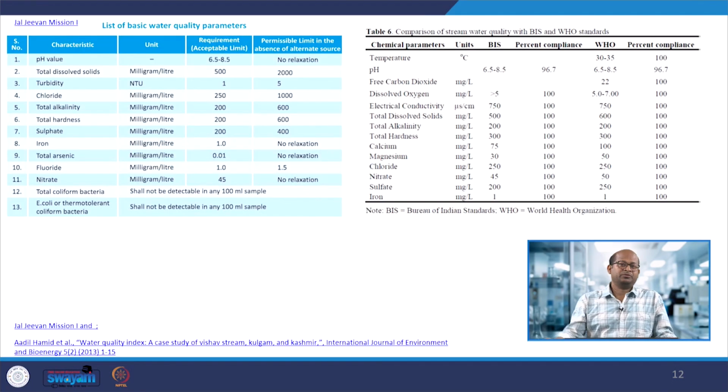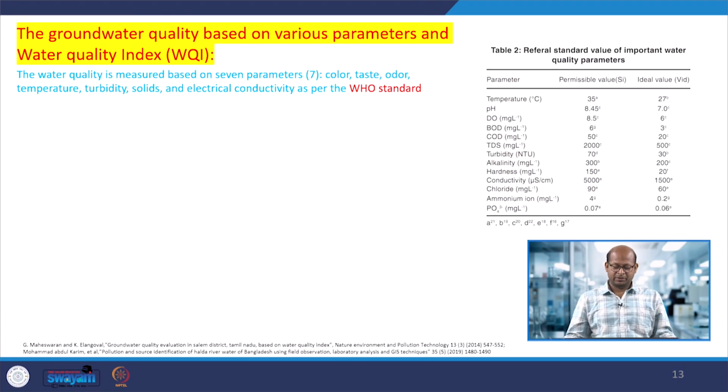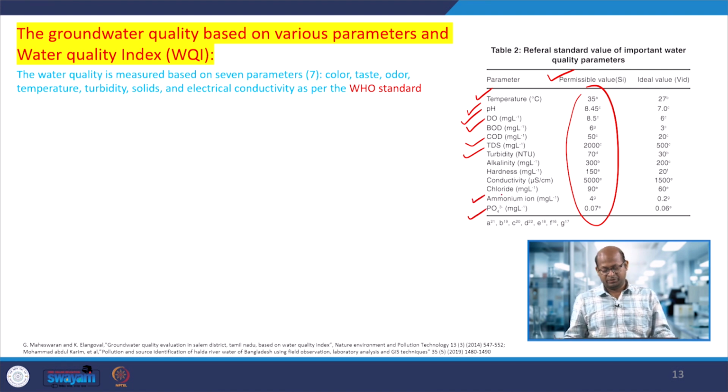Before going through the separation process, we need to know about the water quality parameters, which are very important, by Indian standard and WHO standard. As per WHO standard, water quality must meet permissible values for temperature, pH, DO, BOD, COD, TDS, turbidity, and different ions present, hardness and alkalinity.